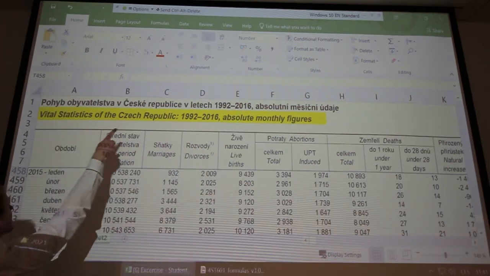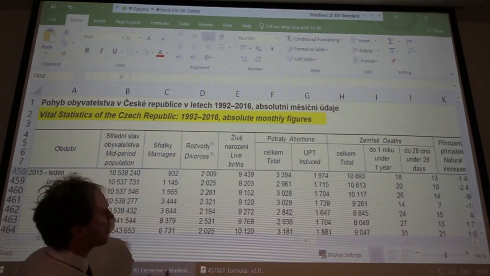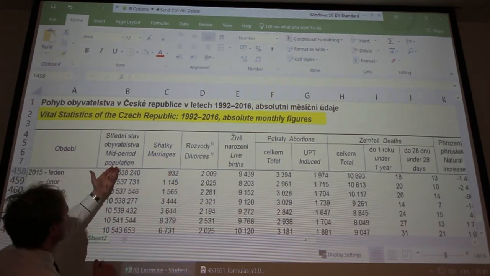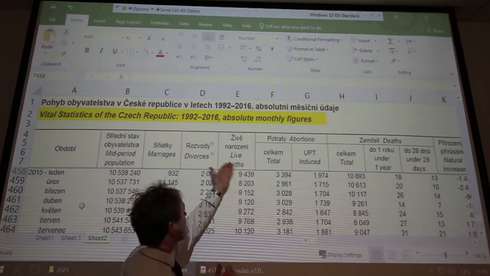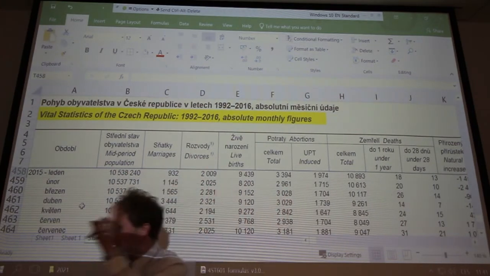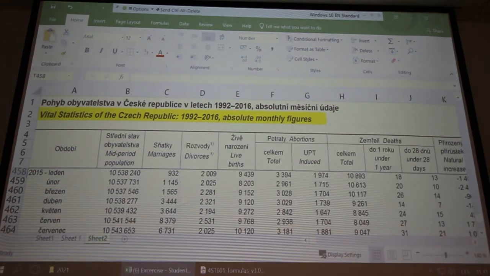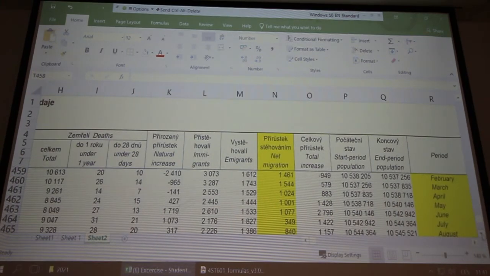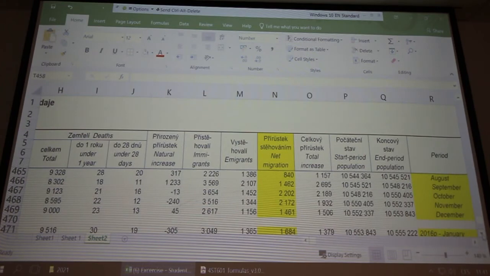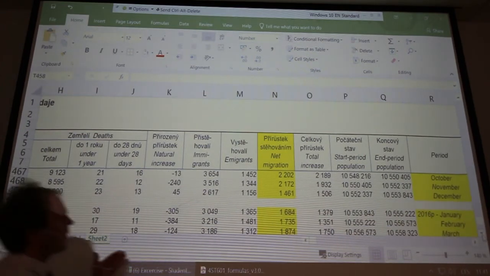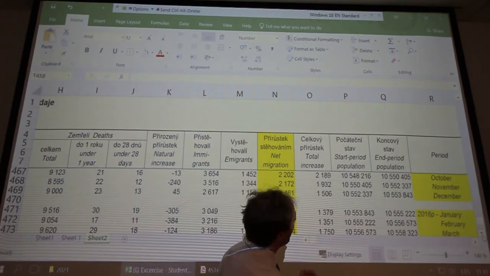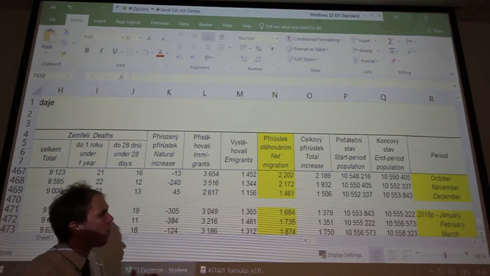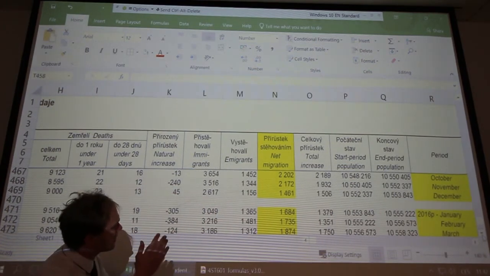So we have here vital statistics of the Czech Republic, absolute monthly figures, and you can see that we have here mid-period population, marriages, divorces, live births, etc. Yes, and I said that we will use net migration, and you can see that you have here in yellow color denoted some values, yes, monthly observations, monthly published data.